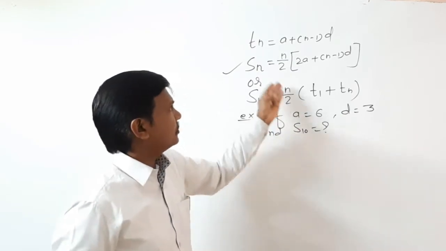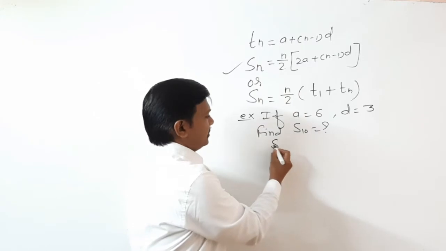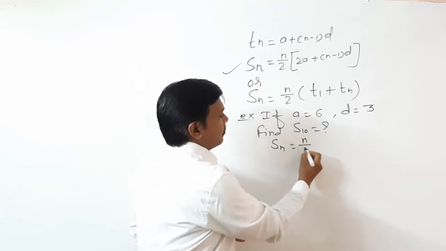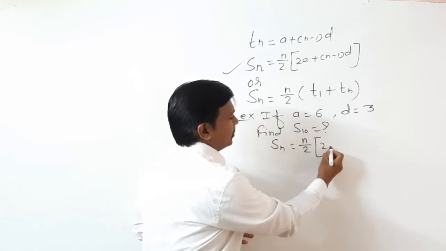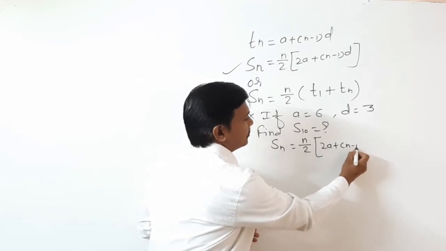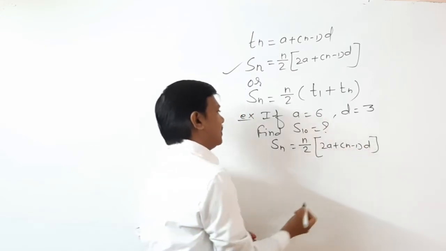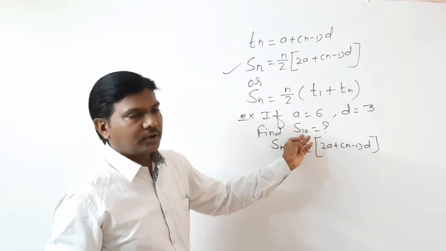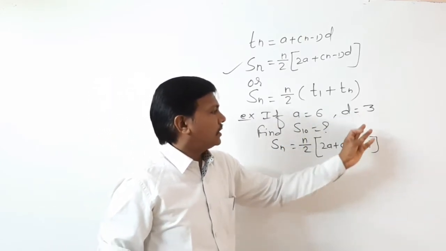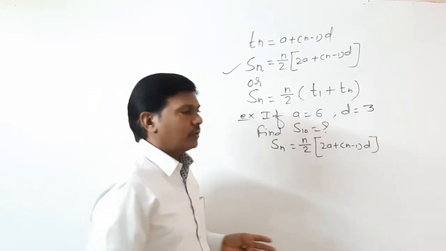So first we write the formula Sn equal to n upon 2 into bracket 2a plus (n minus 1) into d, where n is 10, a is 6 and d is 3. So put all the given values.